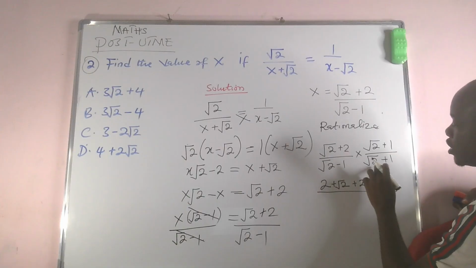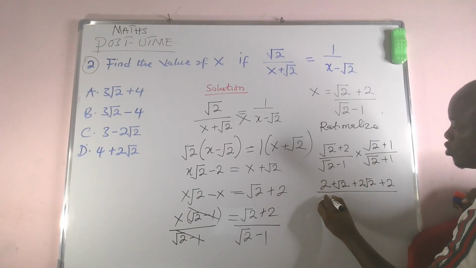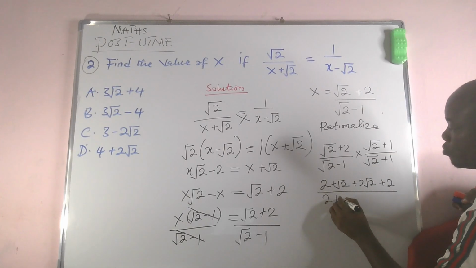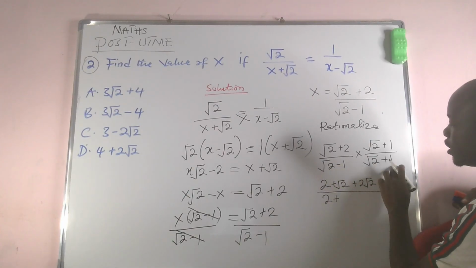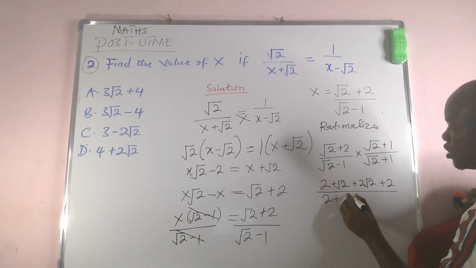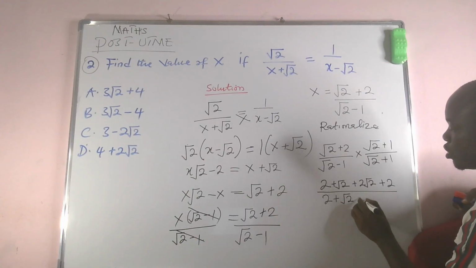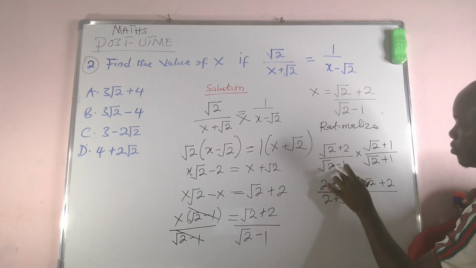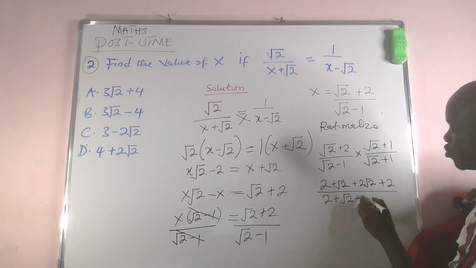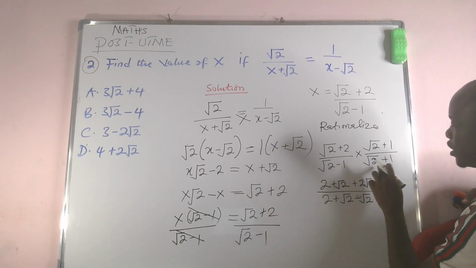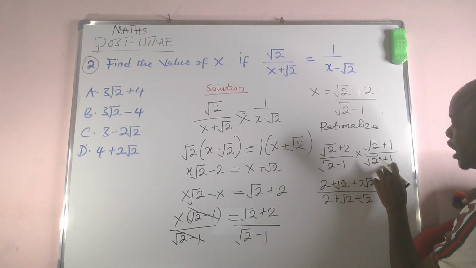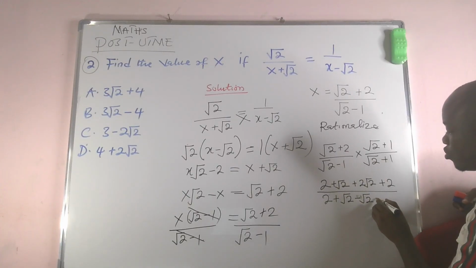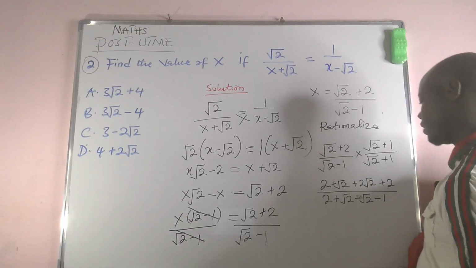root 2 times root 2 is going to give us 2, plus root 2 times 1 is going to give us root 2. Then we now have minus. So minus 1 times root 2, we are now going to have minus root 2. So we have minus 1 times plus 1. We are now going to have minus 1 again.